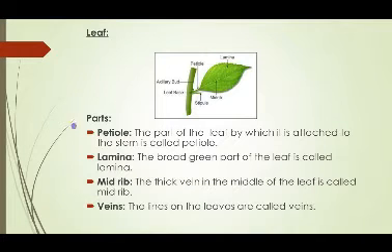Now the veins in leaves are arranged in a particular pattern called venation. It is of the following two types. First is reticulate venation and second is parallel venation. What is reticulate venation? The midrib is prominent and produces lateral veins in a reticulate venation.